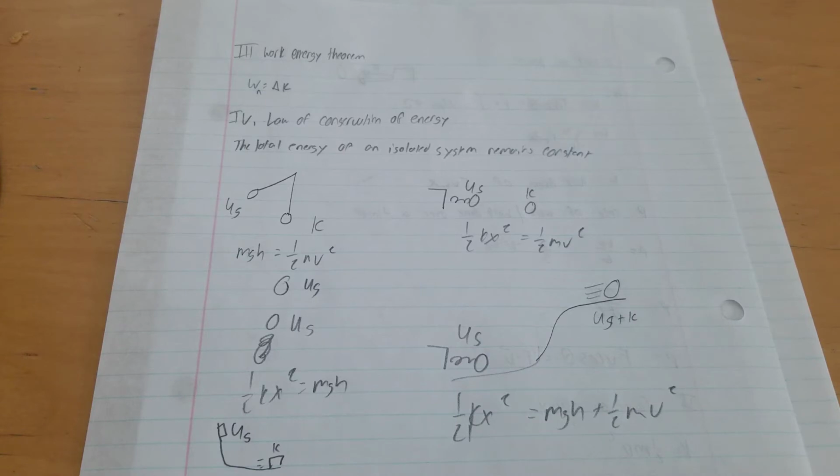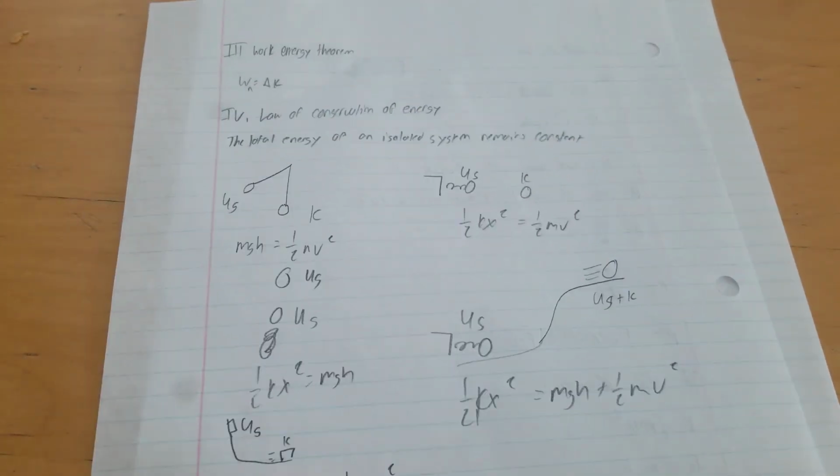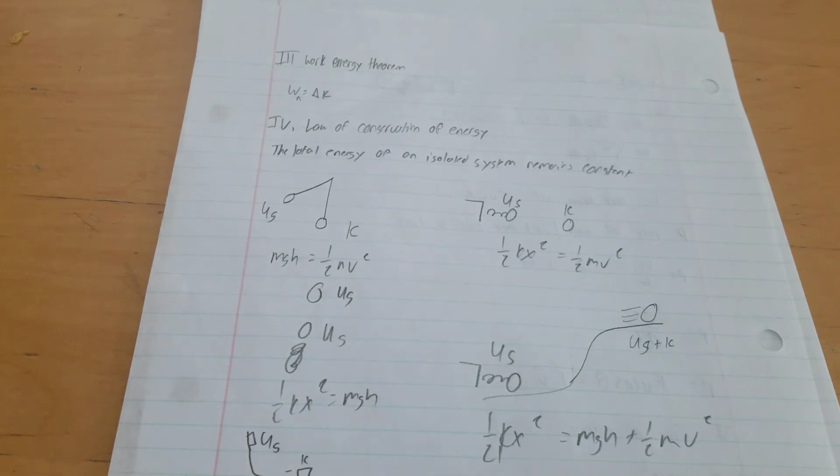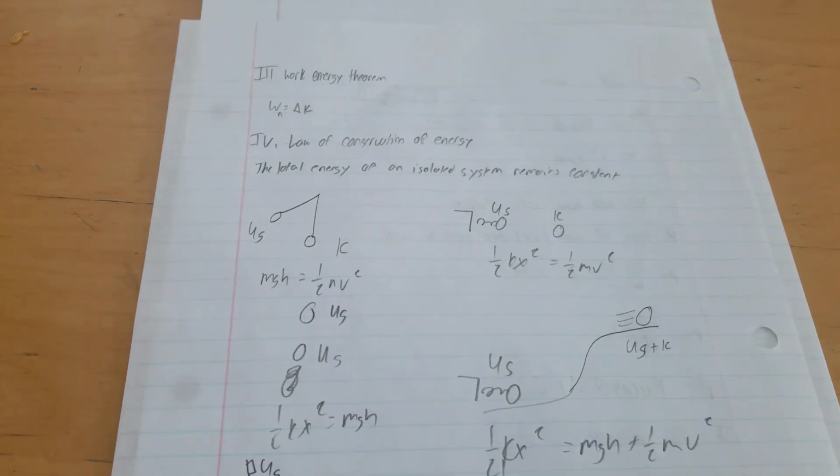So if a problem asks you to find the final velocity, and it gives you the conditions for work, it's easily done. If a problem arises and you don't have the necessary resources, or it asks you for velocities, this is a great formula to use.